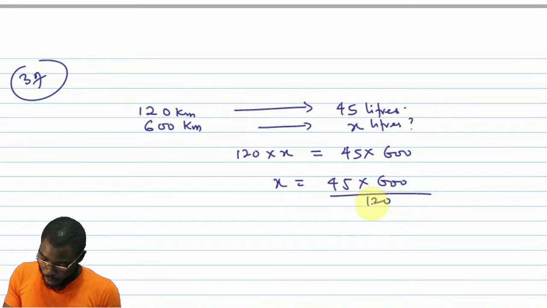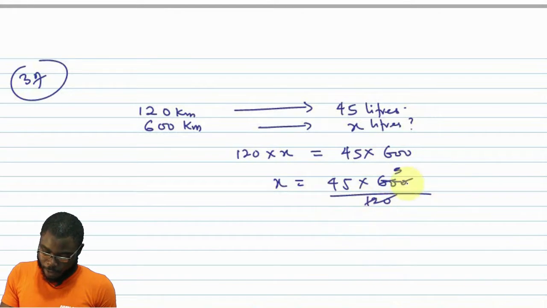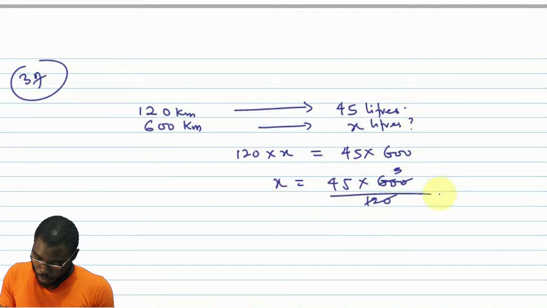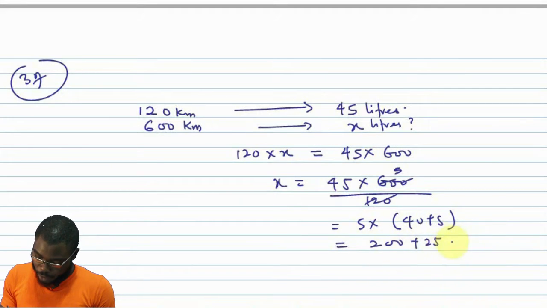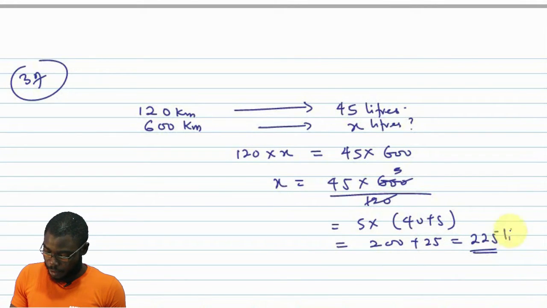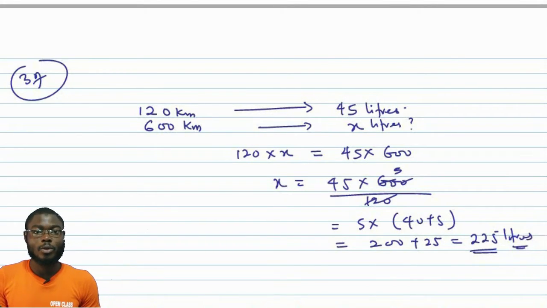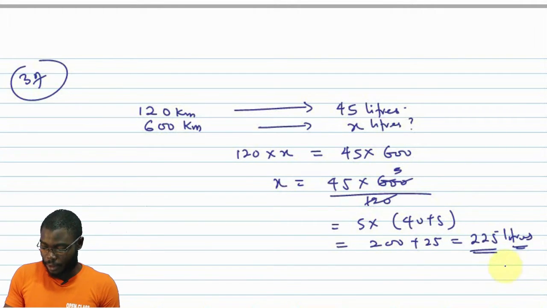So this goes here 5 times. That gives us 5. Then 5 times 45 will give you, you know the logic, this is really simple. You have 5 times 40 plus 5, just to break it down for you. So this is 200 plus 25, so you have 225. So 225 liters will be required. So if you look at that, your option is C.